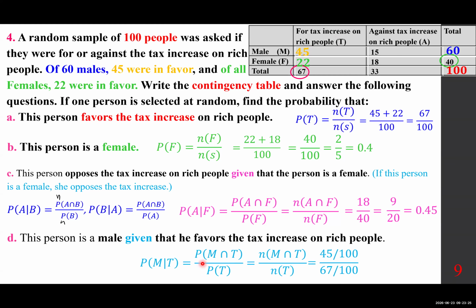Or with this one it is 45 over 100, this one is 67 over 100, which becomes the same as this one. Always write the exact answer. And when you write the fraction, it's an exact answer. If you want to go with the decimal, how many decimals? However many they ask you. So you should always put enough decimals that covers everything.